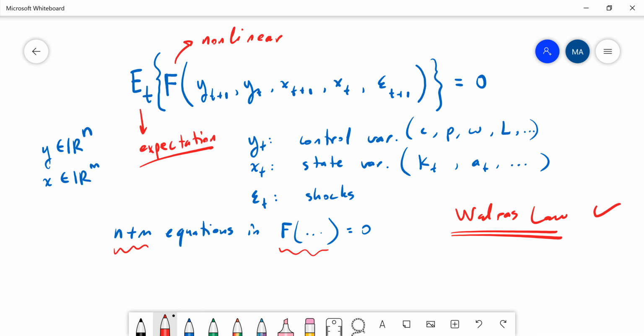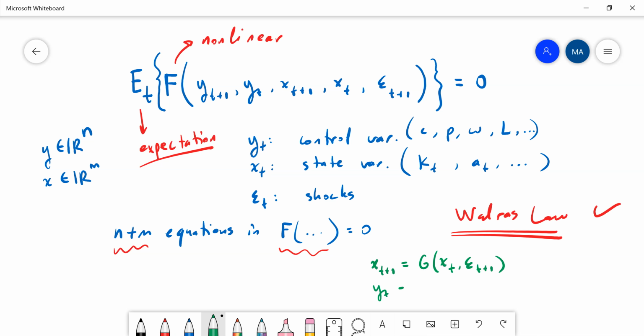Okay? Then at the end, your solution is like a numerical solution, but it is like this. So there is a transition equation, okay?